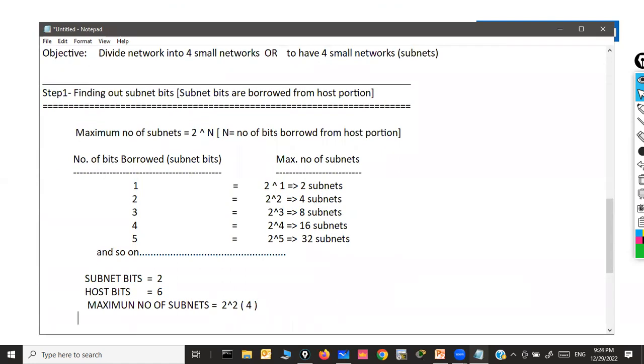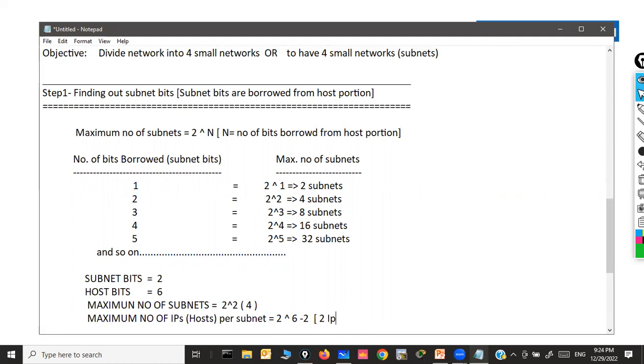And then the maximum number of IPs or hosts per subnet will be 2 raised to the power host bits, that is 6, minus 2. Why minus 2? Because 2 IPs are reserved.